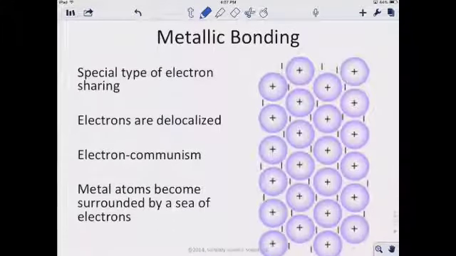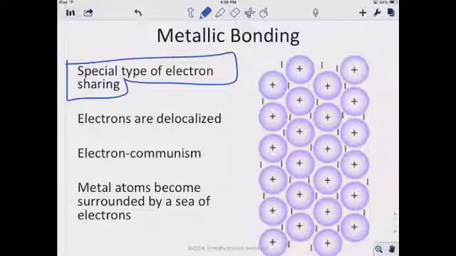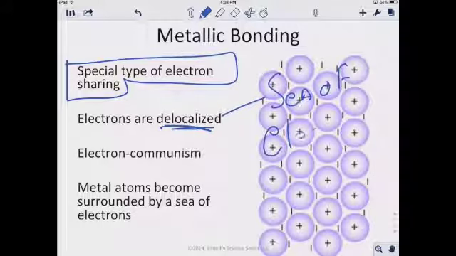The last thing we're going to talk about is metallic bonding. It's kind of like covalent bonding in the fact that there is a sharing of electrons, but it's a very special type of sharing. These electrons are delocalized, and I want you to write a key phrase down here: sea of electrons.